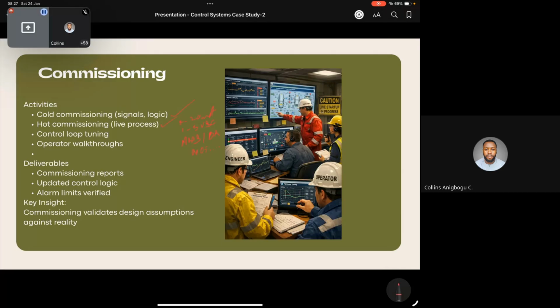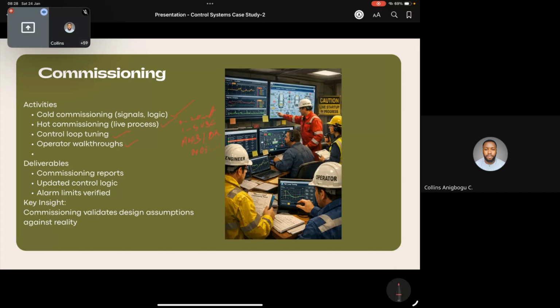And then you do your control loop tuning. Tuning involves the responses of the valve, all the timing required, the response of motors and pumps, and so on and so forth. And then you do what you call an operator walkthrough. So you begin to involve the operators, right?